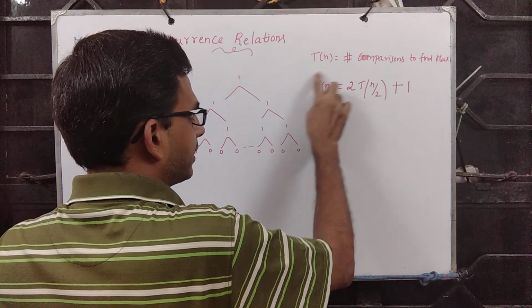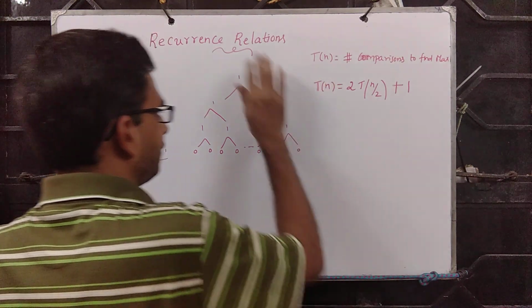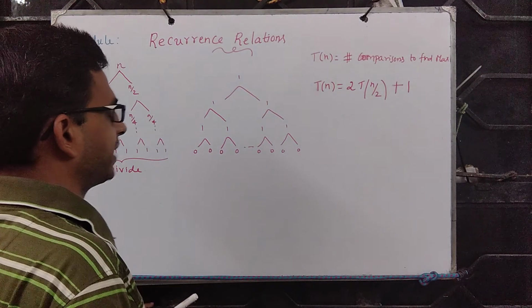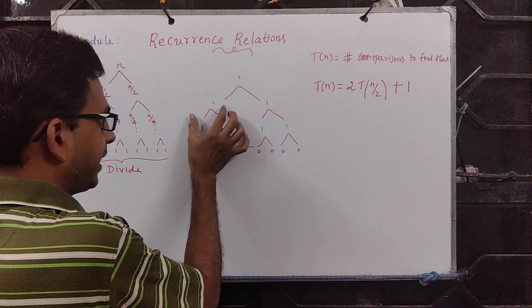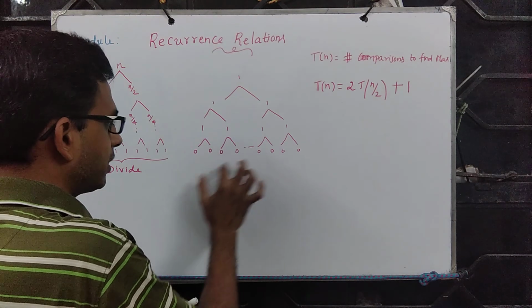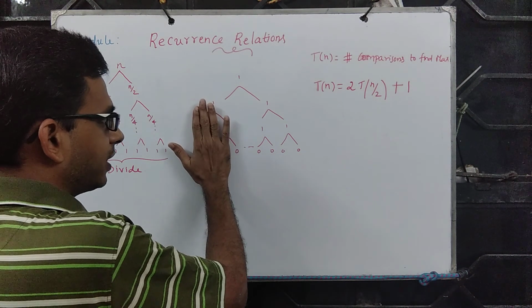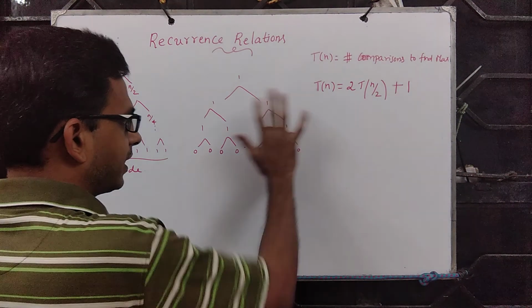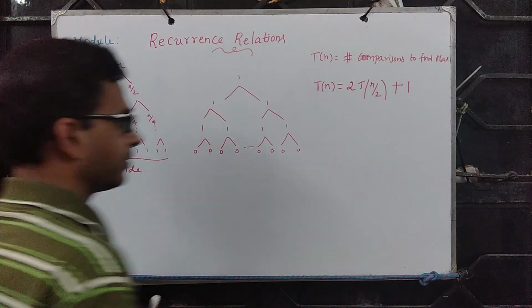So essentially it is like this. To compute T of n, which is the total number of comparisons to output the max, we take the total number of comparisons for an n by 2 subproblem, plus the total number of comparisons for another n by 2 subproblem.